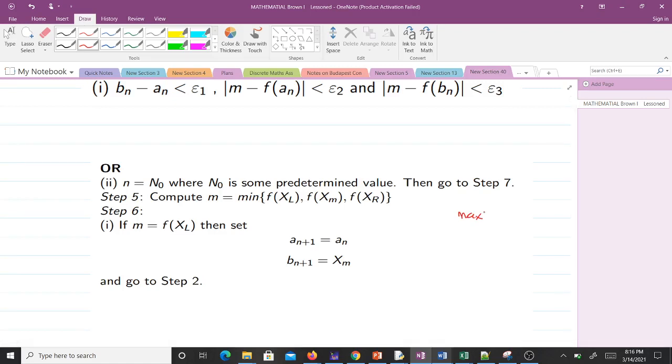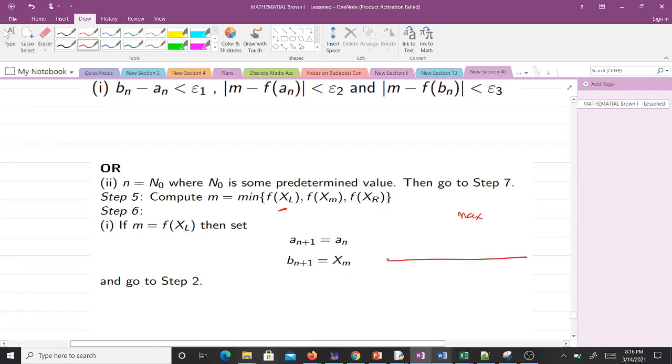If m is equal to f of xl, then we let an plus 1 be equal to an, and bn plus 1 is equal to xm.